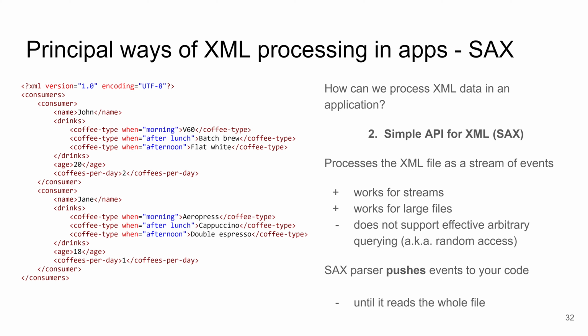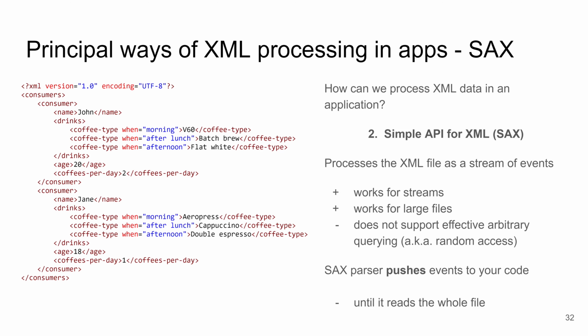So for those use cases, there is SAX, the Simple API for XML. It works in a stream fashion, which means that it reads the XML file as a stream of events, like start of an element, start of an element, start of an element, text node, end of an element, and so on.